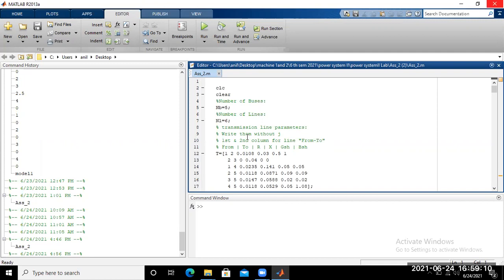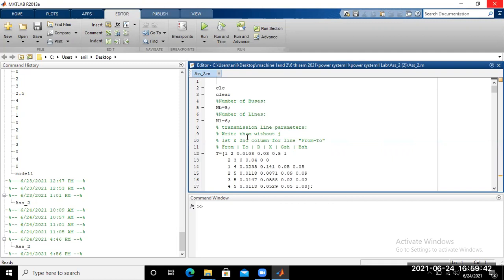Suppose bus number 1 and bus number 2 are connected through a transmission line with resistance and reactance. How can we write the impedance value of the transmission line?